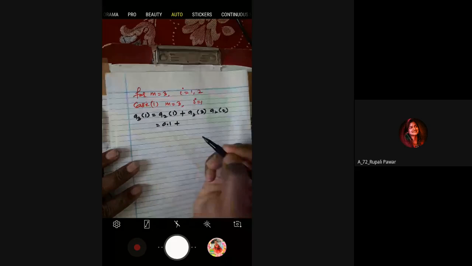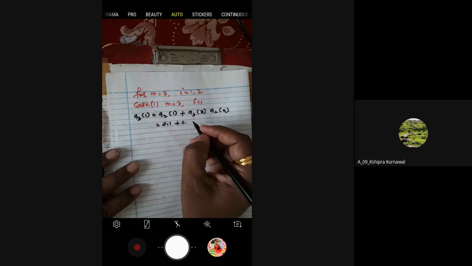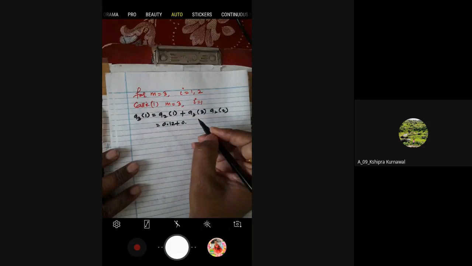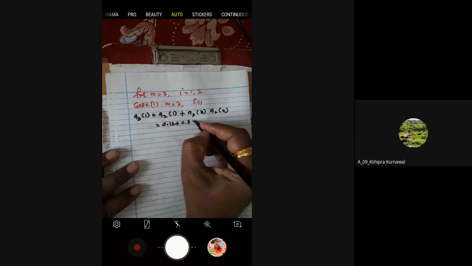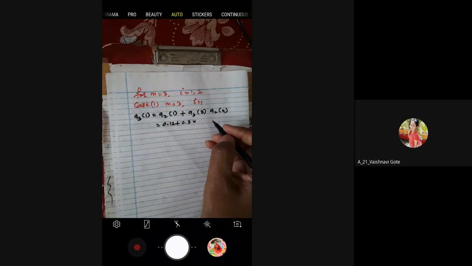It is 0.12. So 0.12 plus a3 of 3, which is 0.3, into a2 of 2, which is 0.2.